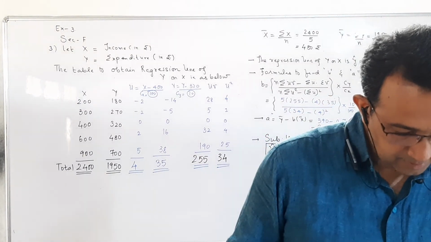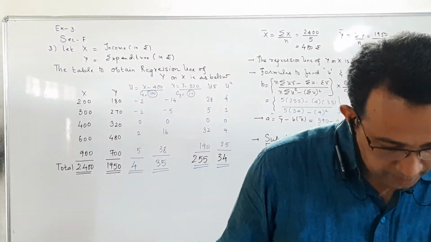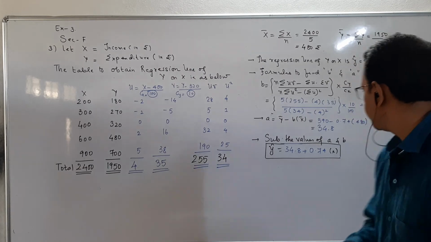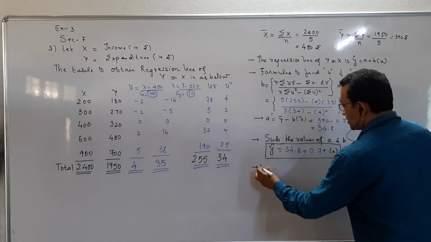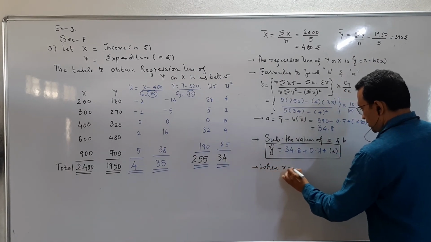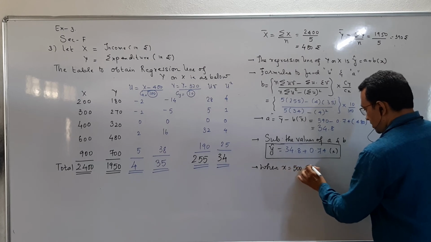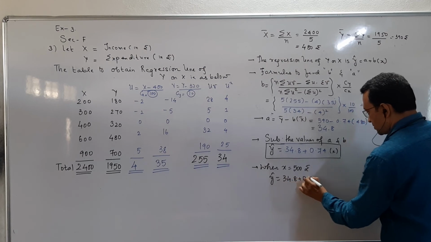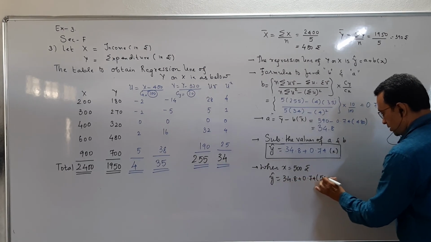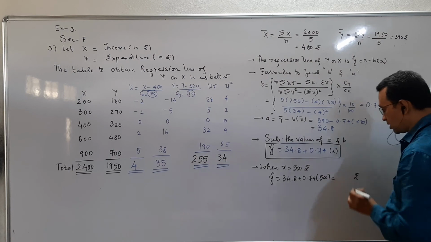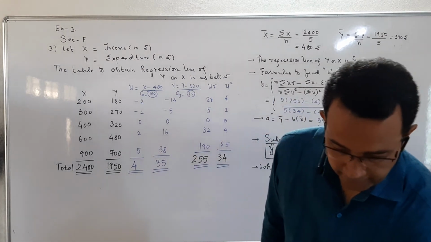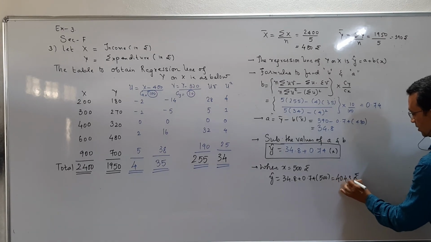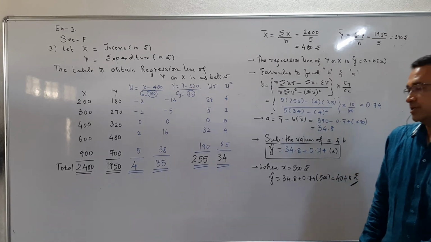Now obtain the estimate of expenditure of a family having income of rupees 500. So when x is equal to 500 rupees, the estimate of y will be 34.8 plus 0.74 into 500. This comes out to be rupees 404.8. This is our final answer.